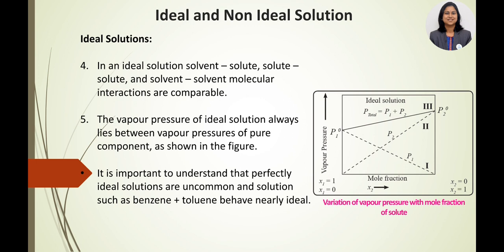It is important to understand that perfectly ideal solutions are uncommon, and solutions such as benzene plus toluene behave nearly ideal. Students, just observe the diagram and try to remember the diagram.